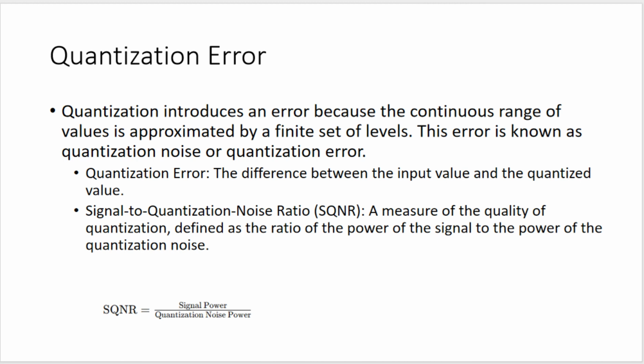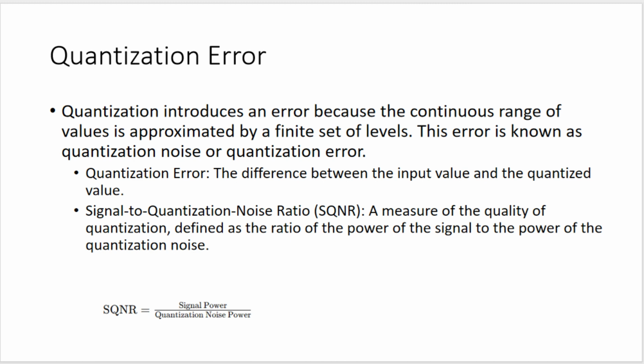Okay, in this slide we're talking about quantization error. Quantization introduces an error because the continuous range of values is approximated by a finite set of levels. This error is known as quantization noise or quantization error.